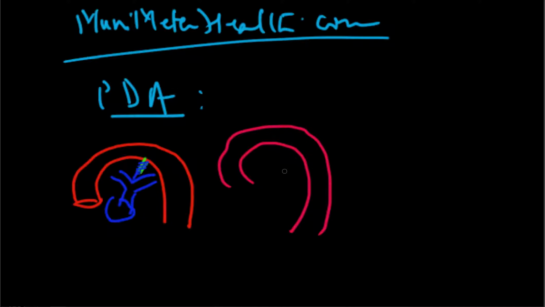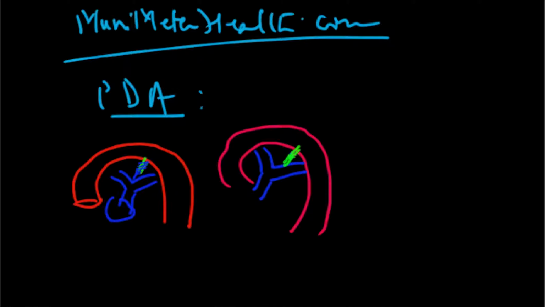You have the aorta, and you have the ductus arteriosus connecting here, and then you have your pulmonary artery arch, and this becomes your pulmonary artery right there. Now this portion of the ductus arteriosus, which fails to obliterate, normally closes off about a day or two post delivery, on day 1 or day 2 after the child is born.